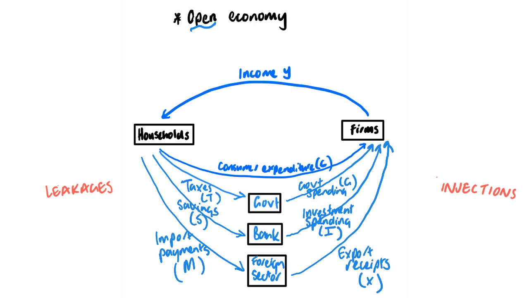Similarly, if maybe the country has a current account deficit, which means that its export receipts are less than its import payments, that's going to decrease the flow of income and lead to a contraction of the economy.